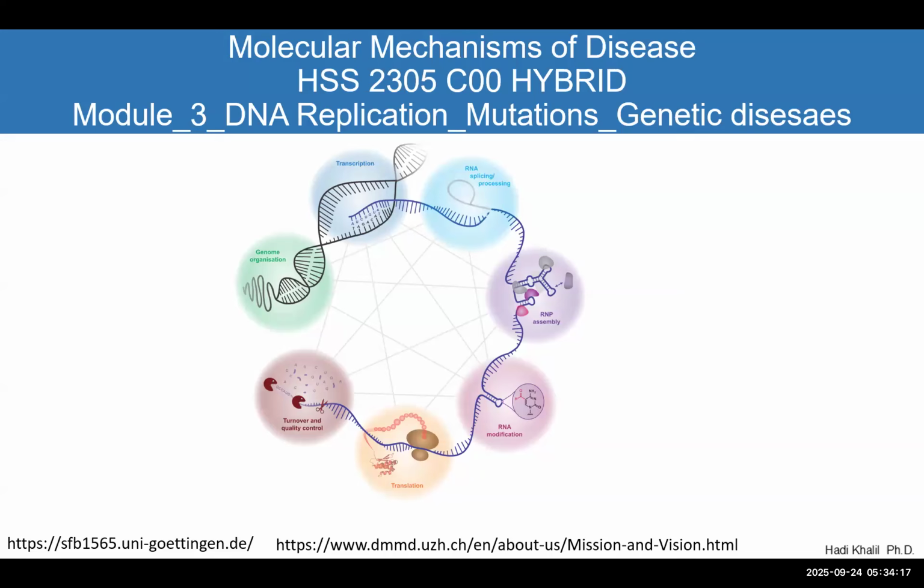Of course, it wouldn't do this on its own. There is a complex of multiple proteins that play a role in that. There will be some sort of scanning on the promoter region upstream of the gene to recognize where the TATA box is, and then the transcription machinery will start binding to it and initiate the transcription process.